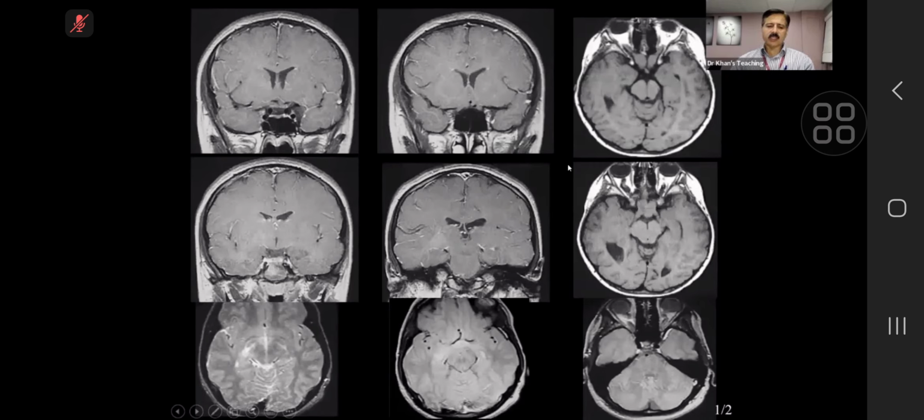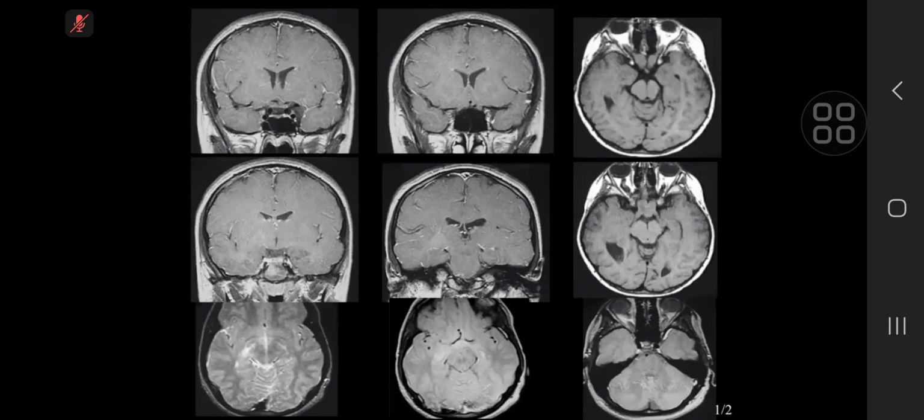Okay, this is a case of NF1, candidate 8. You tell me the findings, please. There are bilateral thickening of both optic nerves. Sorry, these are T1 sequences.